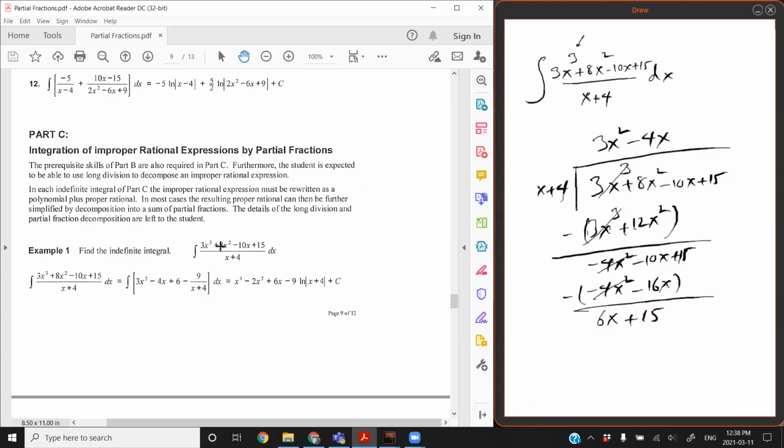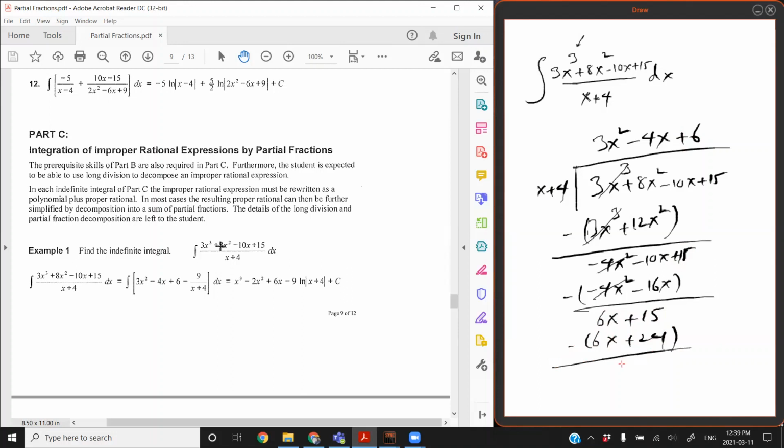I'm going to repeat this process because my remainder is not yet of a lower degree than my divisor. So I need to repeat this. I need a plus 6 here. 6 times x, 6x, plus 6 times 4, 24.